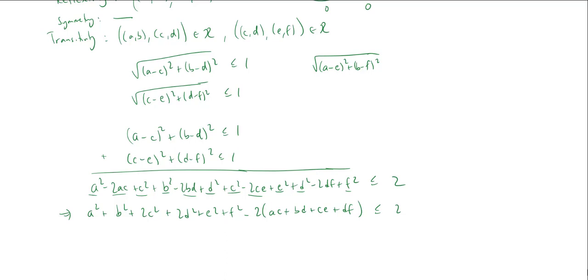Now, the thing we're really trying to get at, we would want this to be less than or equal to 1, or equivalently, (a − e)² + (b − f)² should be less than or equal to 1. If I distribute things on the left, I get a² − 2ae + e² + b² − 2bf + f².